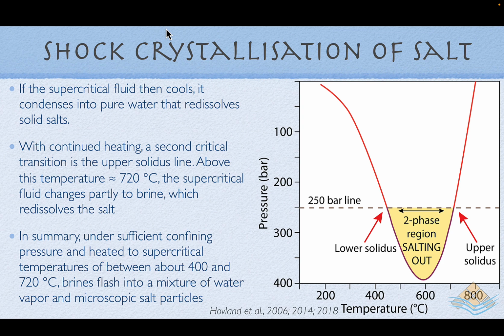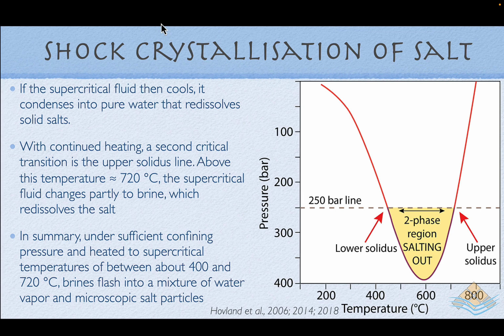To summarize, under sufficient confining pressure and heating to supercritical temperatures, between around 400 and 720 degrees centigrade, the brine flashes into a mixture of water vapor and a range of ultrafine microscopic salt particles made up of sodium chloride and sodium sulphate crystallites.